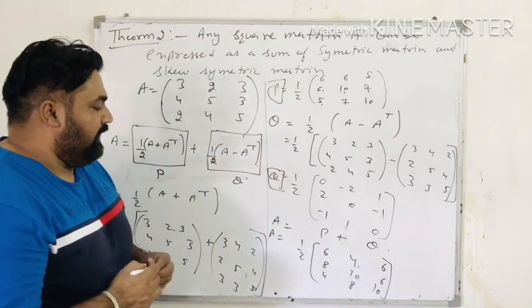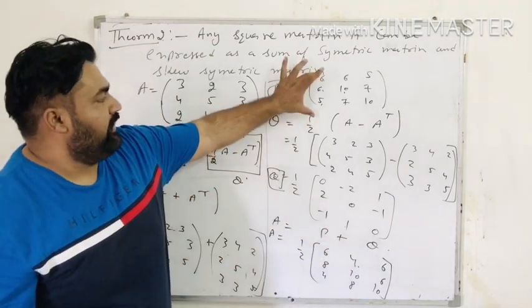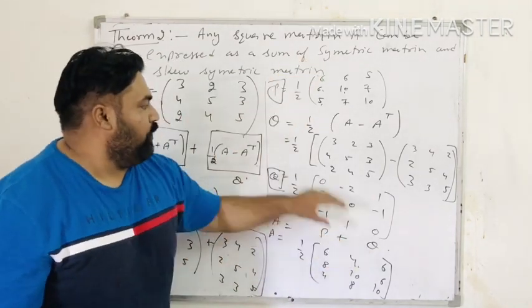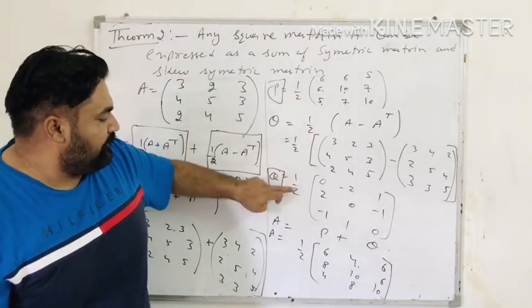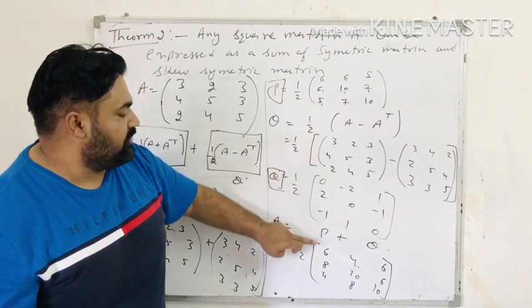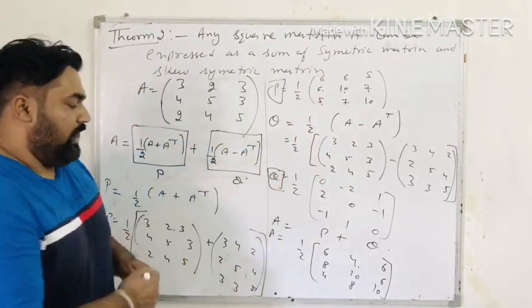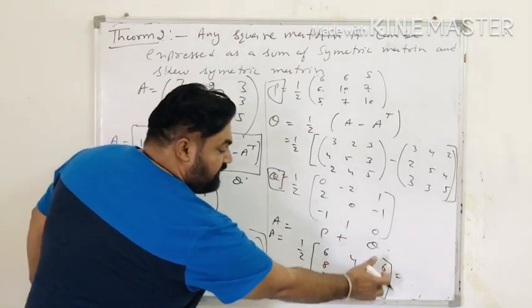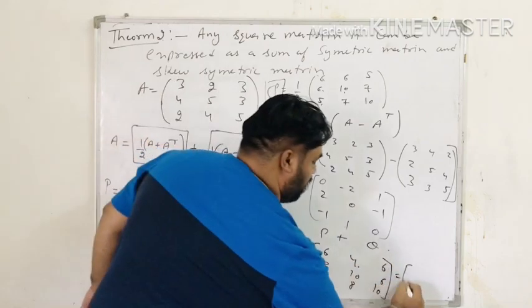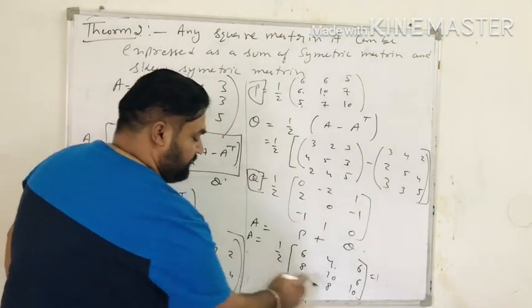Okay, I repeat, A equals P plus Q. The value of P is this, the value of Q is this. In these two values we take half as a common, we add first term, second, third, vice versa. And now divide all these numbers by 2. So now we divide this whole matrix by 2.